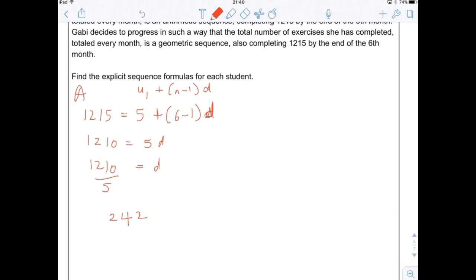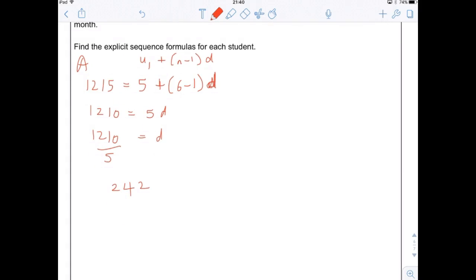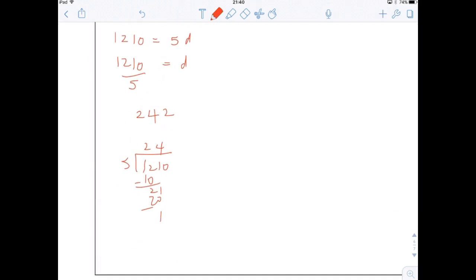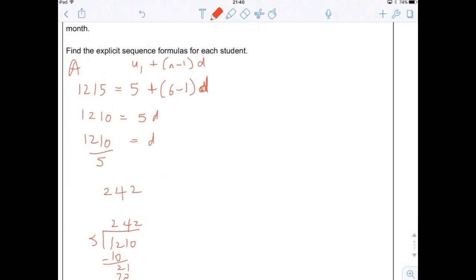Is that right? Maybe. Let's see. I'm going to do it here just to make sure. Okay, so d is equal to 242.